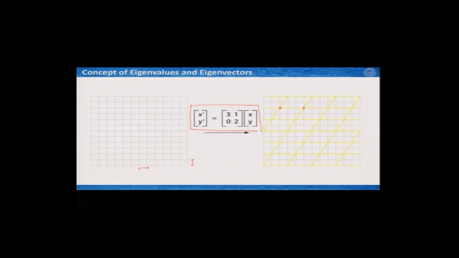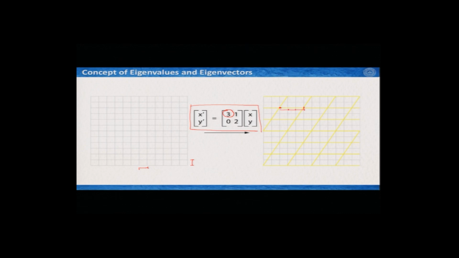So, it moved 3 units along the x direction and no movement along the y direction. So, therefore, it is somewhere like this.